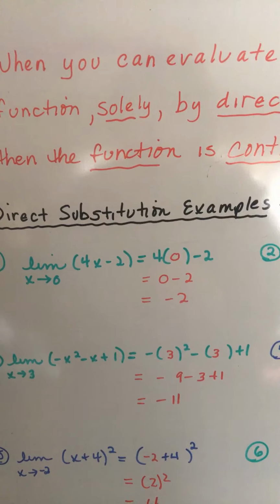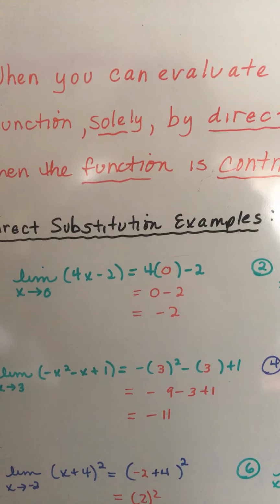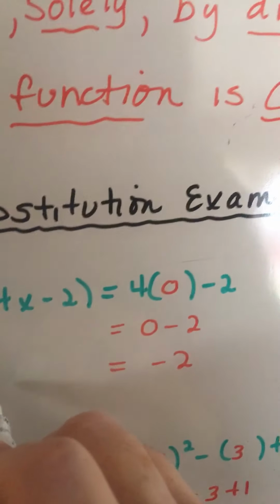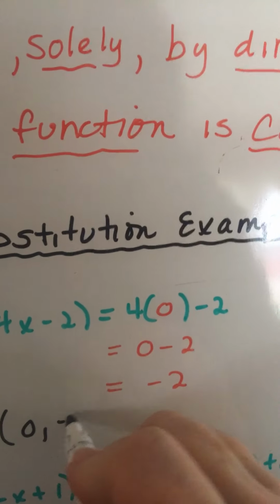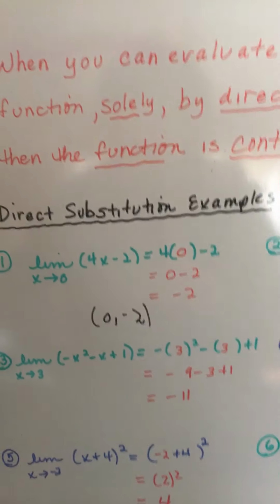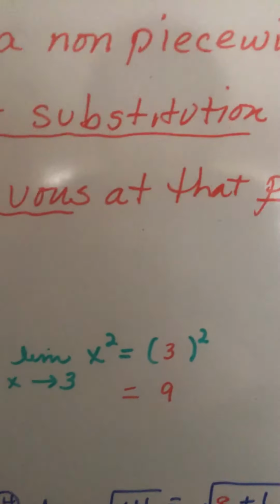I get negative 2, and therefore, this function has a limit of negative 2, but not only that, since I was able to directly substitute, we know that there is a closed circle, or a function value, at 0 of negative 2.